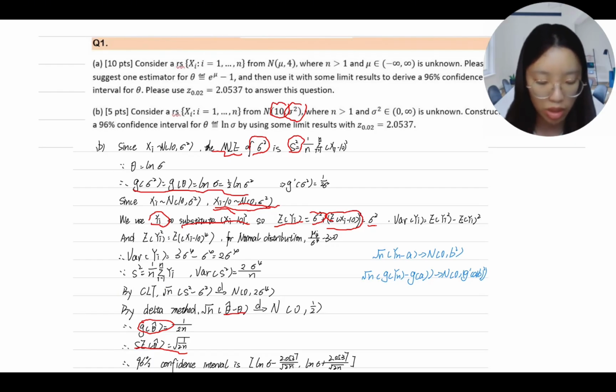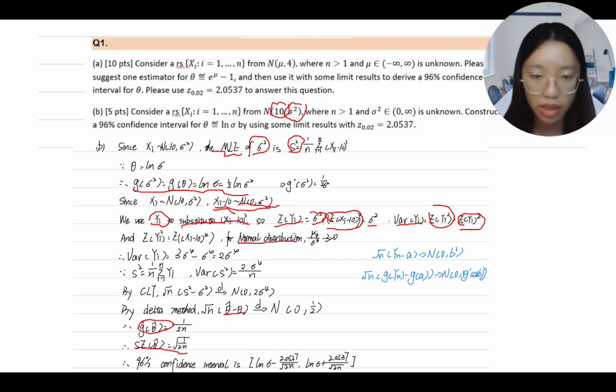And then we need to calculate the variance of yi. In this part, this one is equal to sigma squared, but this part we don't know. And then we can use the result of the normal distribution.